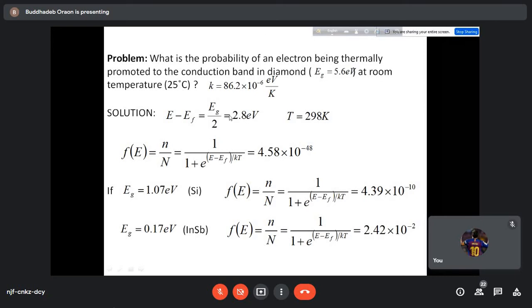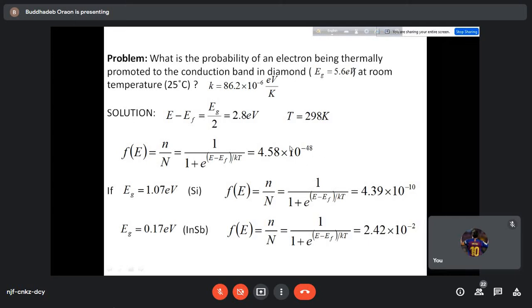Now we are seeing this chance, the Fermi function value, for silicon. When we take this Eg value as 1.07 and put it here, we get 4.39 into 10 to the power minus 10. If you compare the value for diamond and the value for silicon, the ratio is around 10 to the power 38.